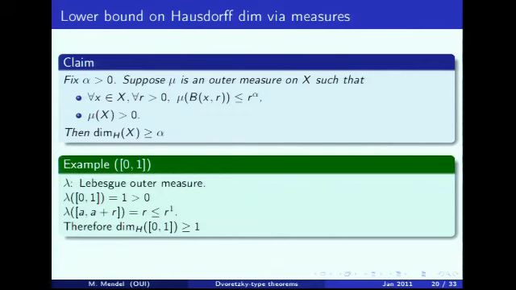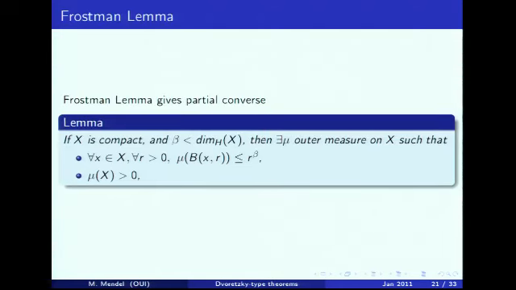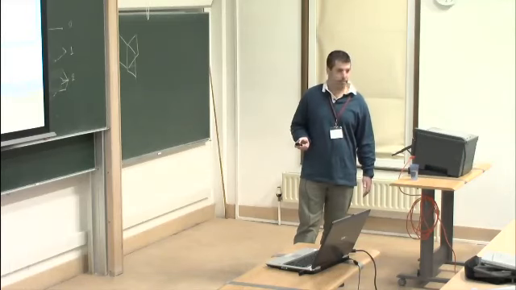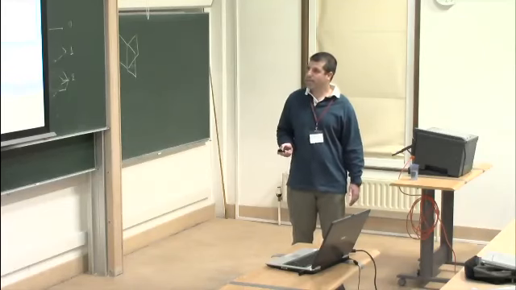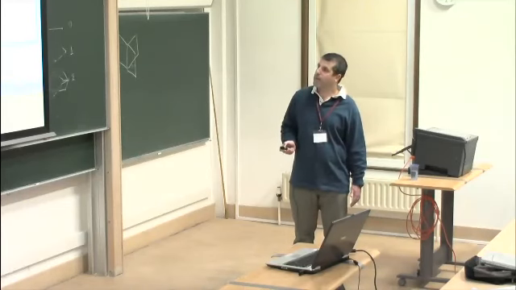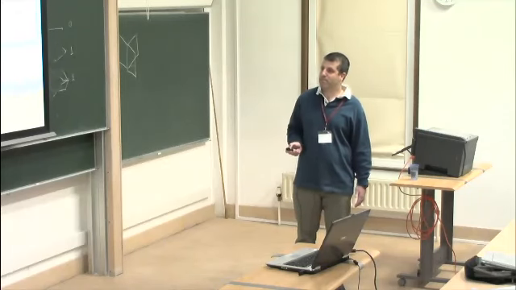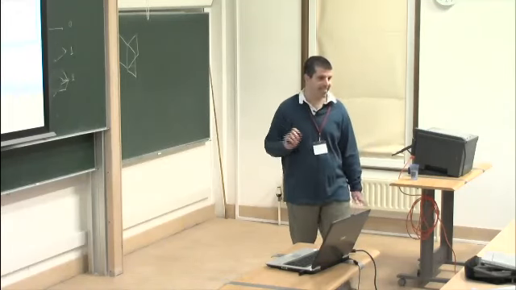And it is just, again, a trivial example of how to prove, using this lemma, that the interval 0 to 1 has Hausdorff dimension at least 1. Here's the way to do it. You just define a measure on the interval. The measure would be the Lebesgue measure, and you see that it has this property: the measure of a ball of radius r is at most r to the power of 1 divided by 2.